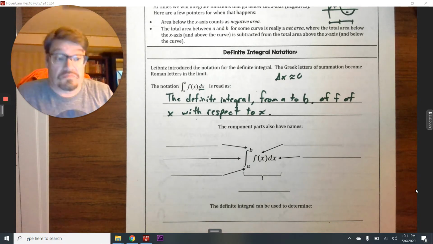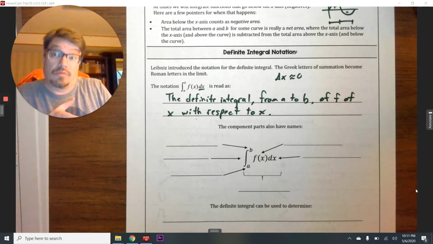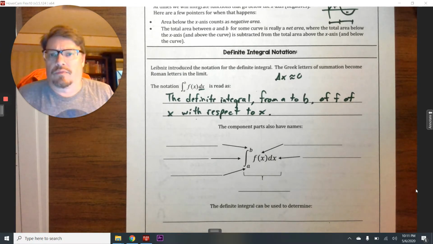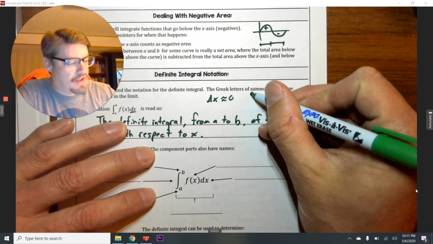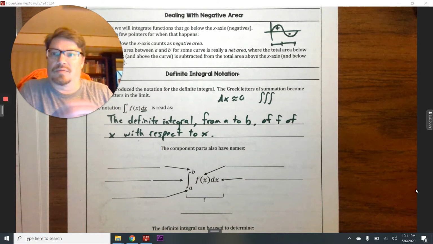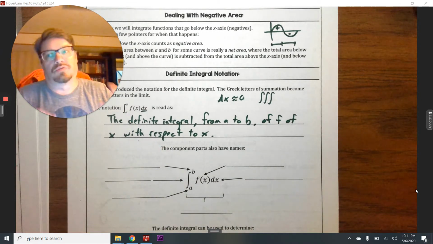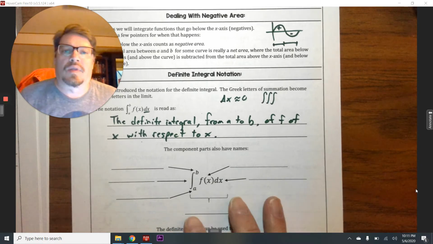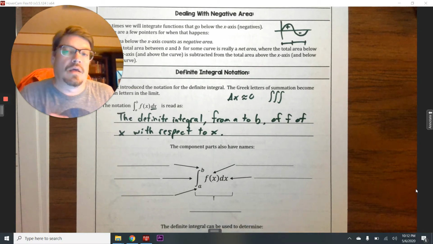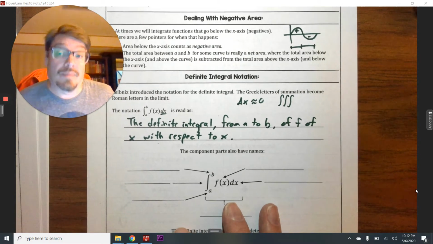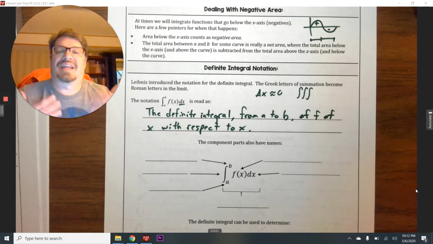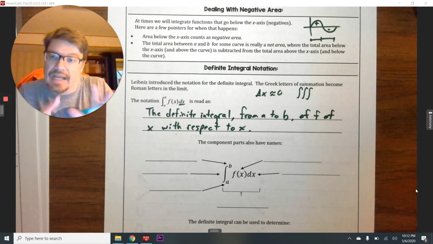When you get into 3 dimensions, it could be with respect to z, the height. You can have a triple integral for a 3-dimensional object with respect to x, y, and z. So keep in mind that it's very important that we put that dx. I'm going to call it a dummy variable for a while, because it doesn't actually do anything for this beginning part of integration.